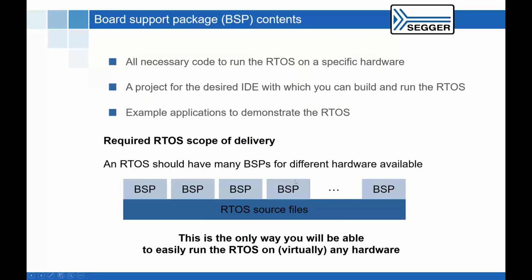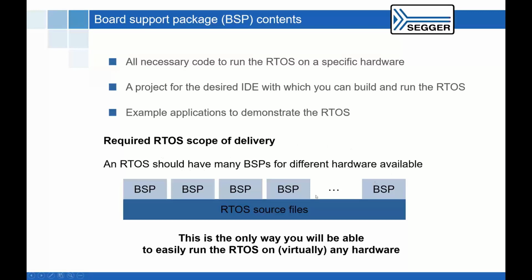So essentially, the contents of these board support packages contain all the necessary code to run the RTOS on any given specific hardware, and basically also a project for your IDE that you can directly build and run on your hardware, as well as example applications to get you up and running and to demonstrate the usage of the RTOS.